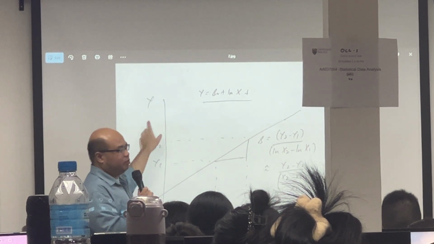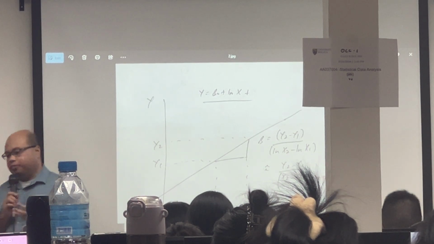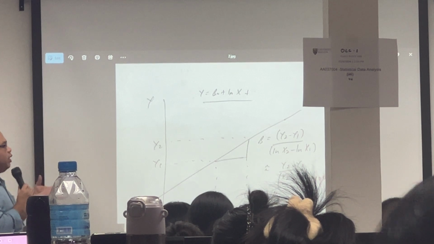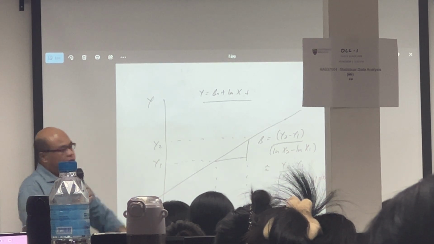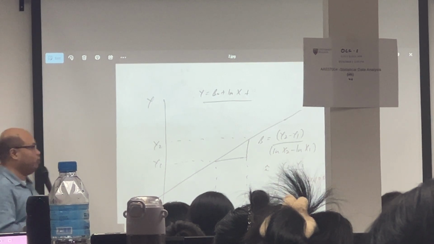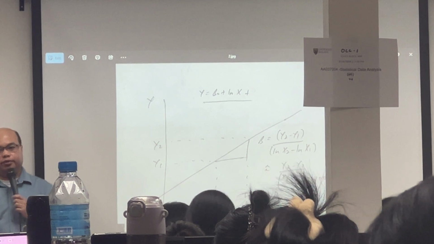Not percent, but unit. So you have to be careful when you interpret. If you understand this, it is easy to remember whether you have to multiply by 100 or divide by 100, or just use the original values.